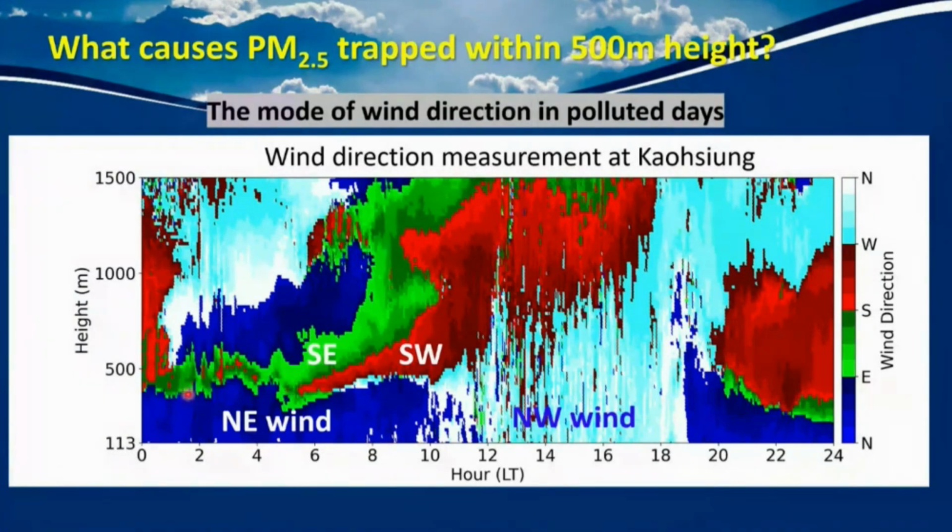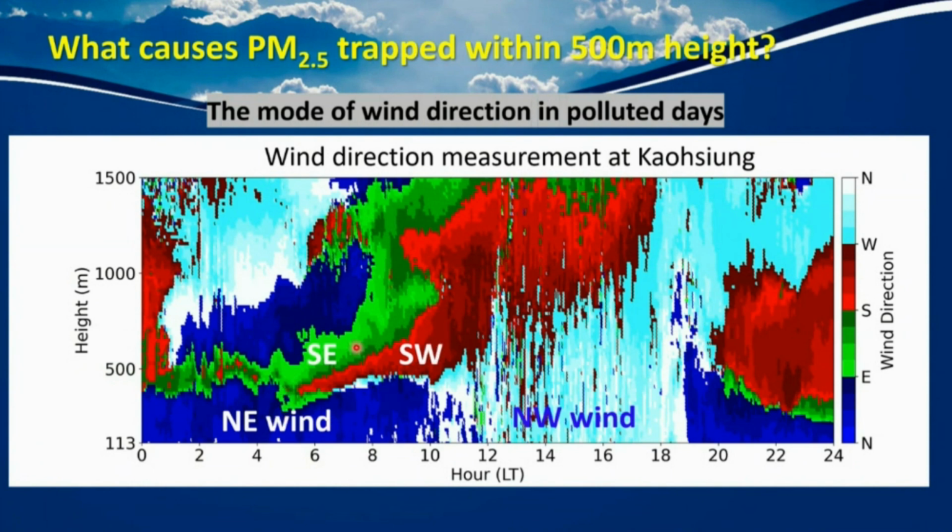Near the surface, below 500 meters, there is a distinguished, very different character during the nighttime. During the nighttime, near the surface below 500 meters is a northeasterly wind, but above is a southerly wind. This is quite a unique characteristic.